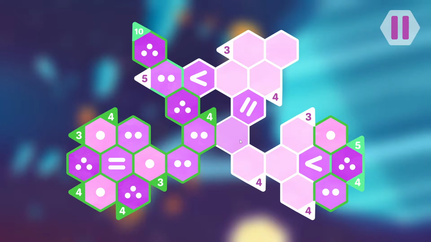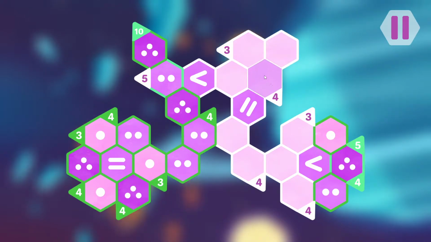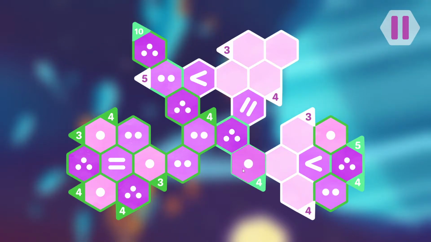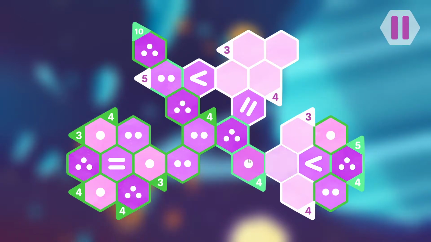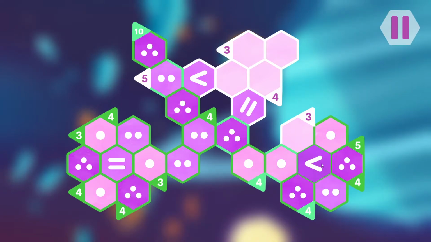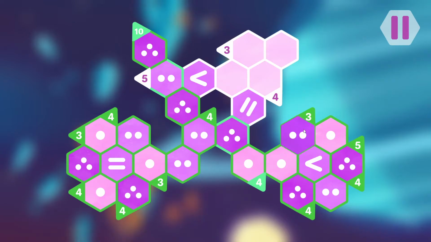If it's 2, then it means that this and this is 1. If this is 1, then this is 3. So it can't happen. Okay, so it's not 2, it's 3. Good. So this is 1. And for this 3 to be greater than 1 plus something, this something can be only 1. So we have 3 here and 2 here left.